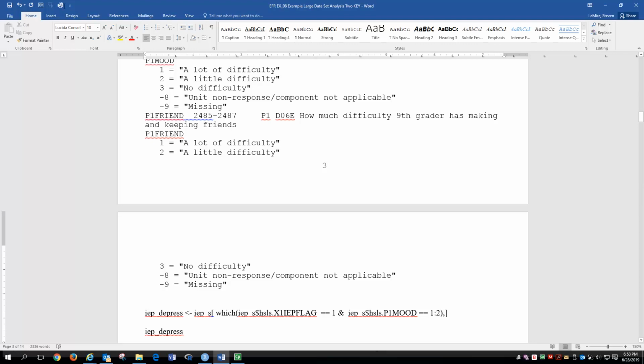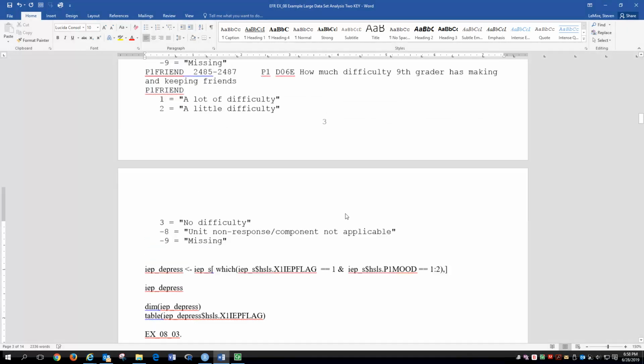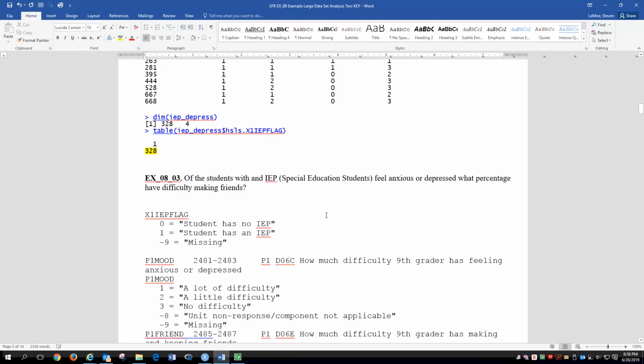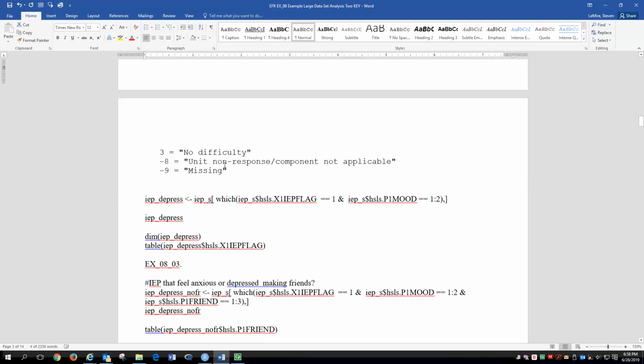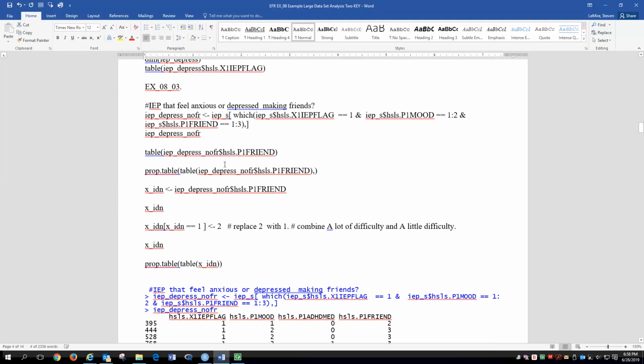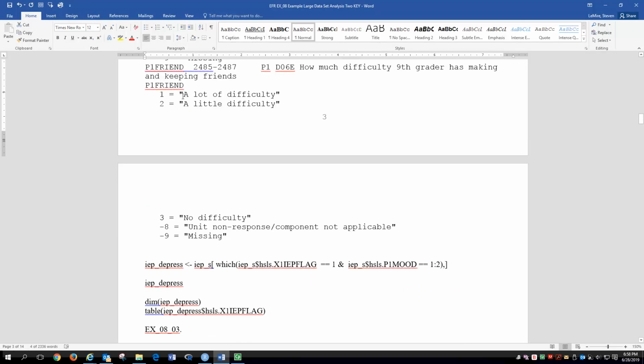So looking at friends up here, a lot of difficulty, a little difficulty, or no difficulty. What I'm doing in this step is getting rid of the 8s or 9s, because when we look at our question again, it's of the students who feel anxious or depressed, what percentage have difficulty making friends? So I'm after that percentage, and so I need the ones that have and don't have difficulty, because it's not just a number here. So I'm taking the 1s, 2s, and 3s of friends right here.